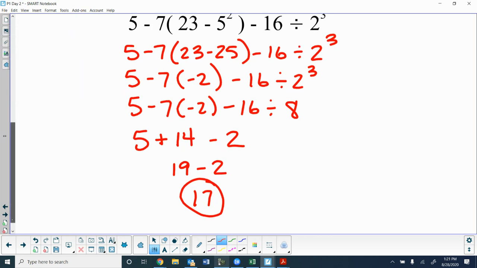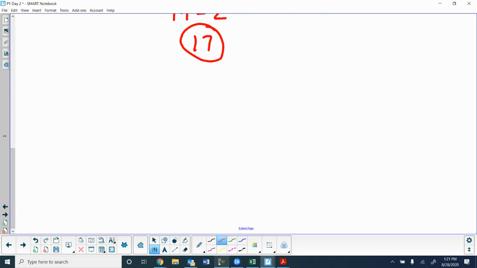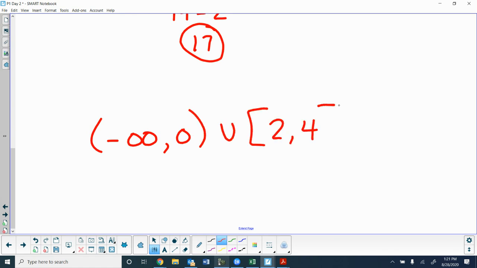Another type of problem on your homework that you'll have to do is they'll give you a couple intervals. And they're going to ask you to graph it. Okay? So we'll make our number line.